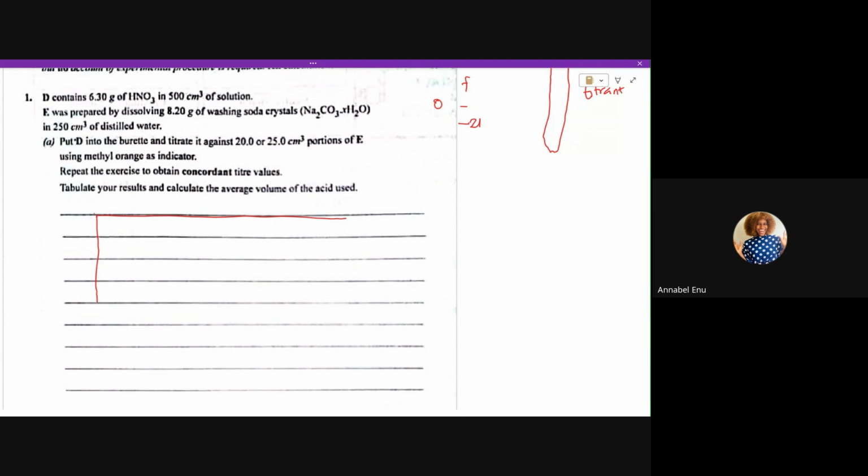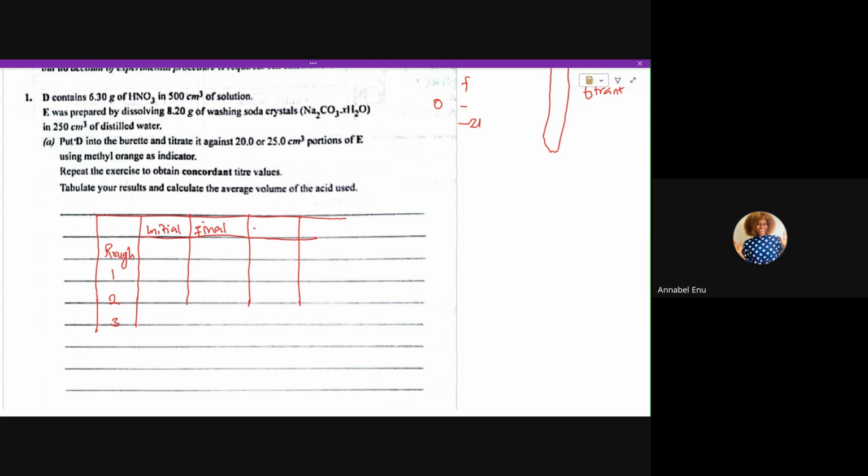So to be able to solve this question, please pardon my bent line. Okay, first off, we have our rough. We have our first reading, our second reading, and our third reading. Okay, and here we have our initial.